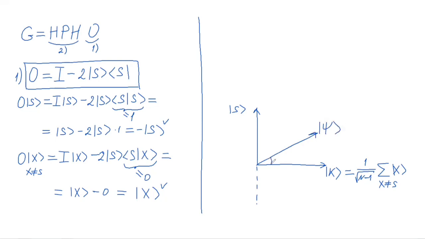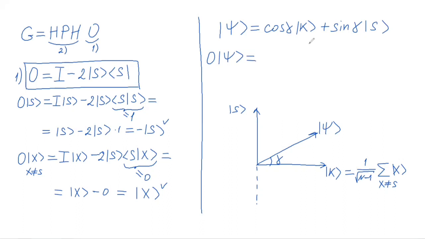And if this angle is gamma, an arbitrary angle, then we can write psi as cosine gamma K plus sine gamma S. And if we apply the oracle to this arbitrary vector psi, we will not change the first part because K doesn't contain any solutions. And we will change the sign of the second part because S is a solution.